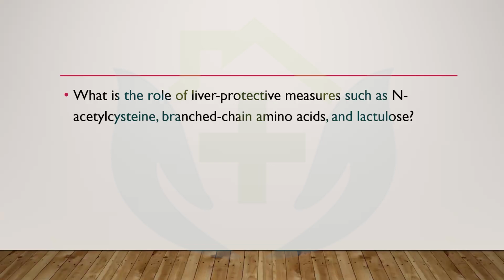What is the role of liver protective measures such as N-acetylcysteine, branched-chain amino acids, and lactulose in acute liver failure? N-acetylcysteine has a role in acetaminophen toxicity. Lactulose will get rid of ammonia from the GIT and help to increase the number of motions.